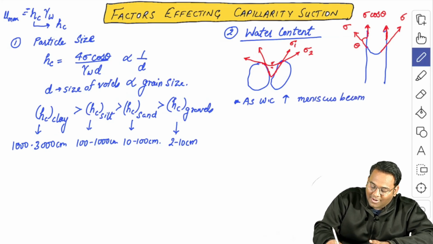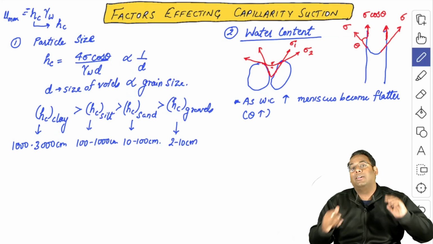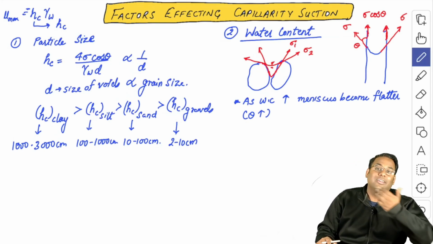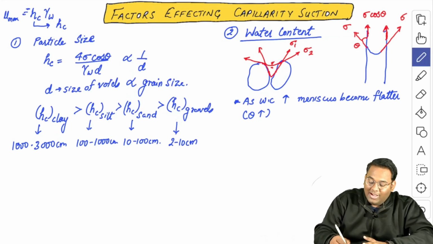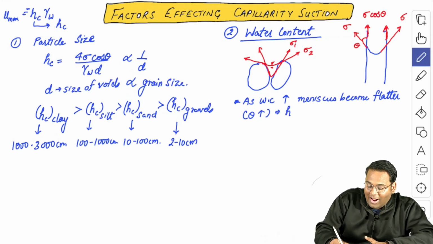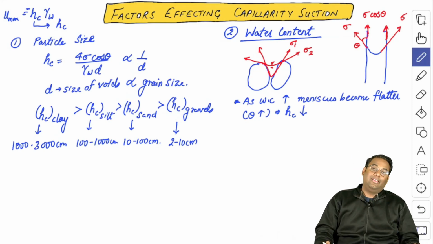So as the water content increases, the meniscus becomes flatter. What is meant by that? That means the theta value will keep increasing as the water content increases. So the height of capillary rise will keep decreasing as the angle theta increases.